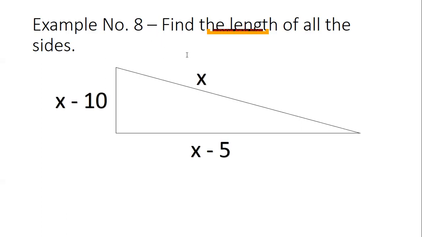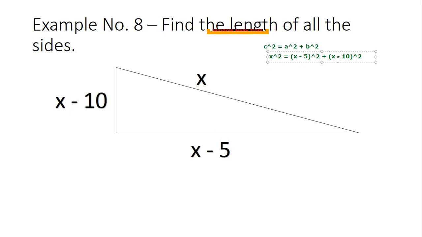Okay, so we're going to use the Pythagorean theorem, of course, which is c squared equal to a squared plus b squared. We're asked to find the length of each side. So this will become x squared equal to (x minus 5) squared plus (x minus 10) squared.